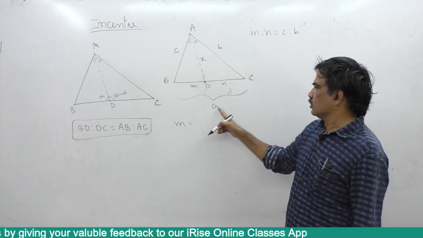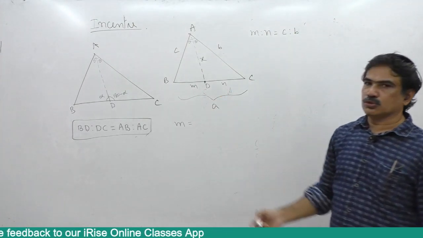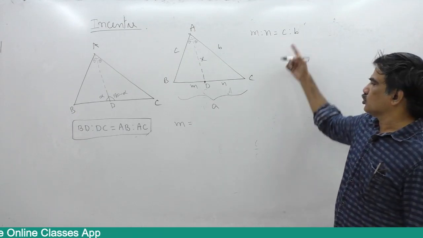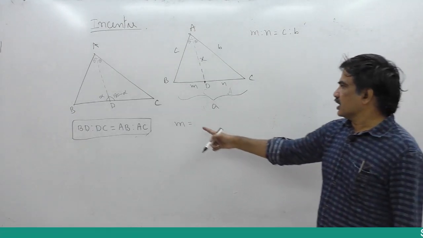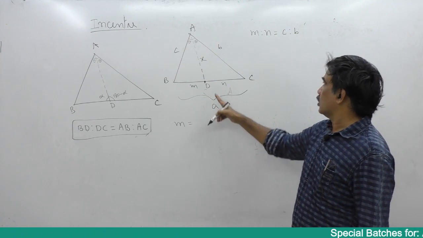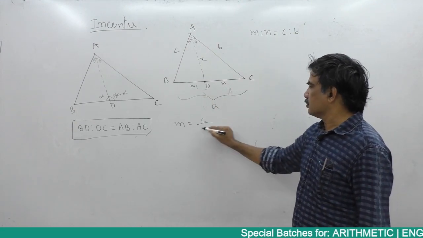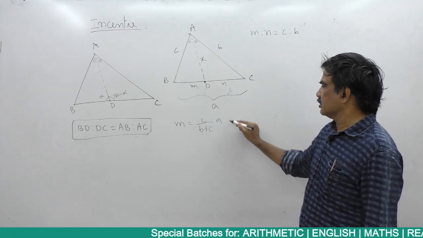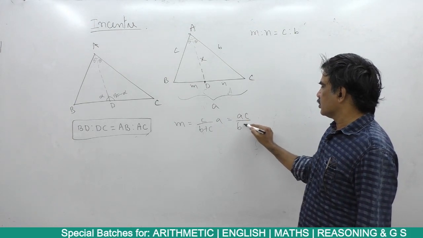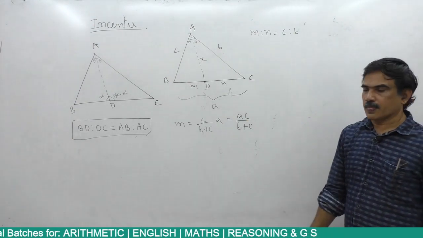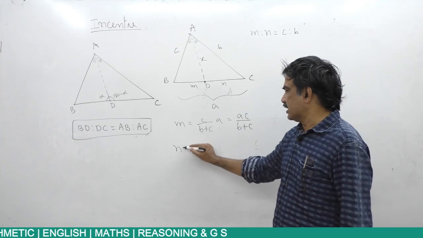So this total a is divided into two parts, that is c is to b. So M is equal to c parts out of b plus c into a, that is ac by b plus c. Similarly, what is N?